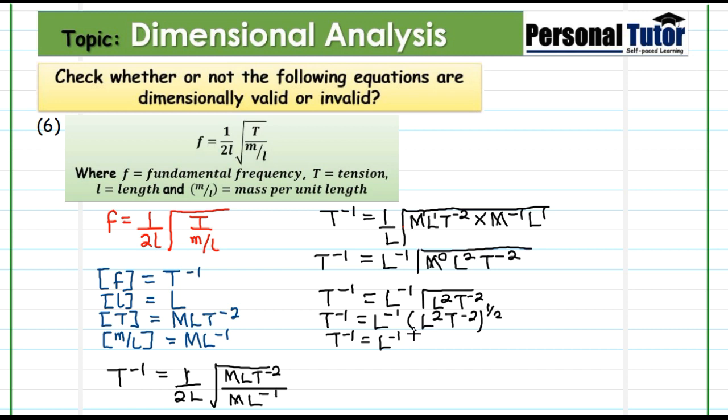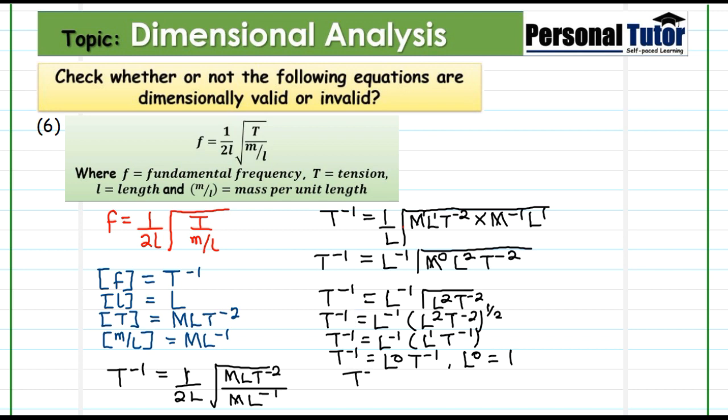So this one will give us L. Half of negative 2 is negative 1. So T exponent negative 1. When this is multiplied, the L has got a power of 1. So negative 1 plus positive 1 is 0. Then T negative 1. Don't forget that L to the power 0 is equal to 1.